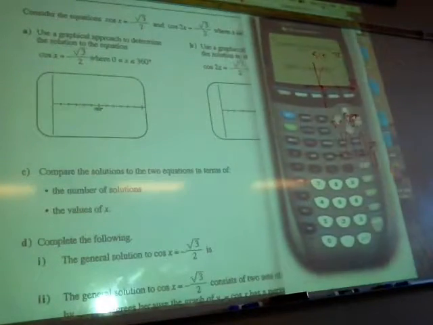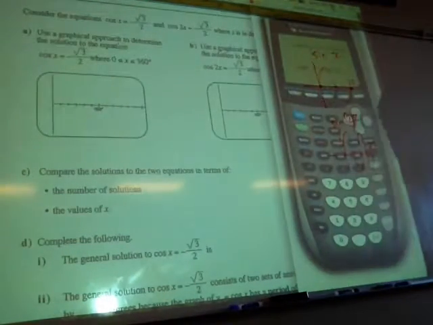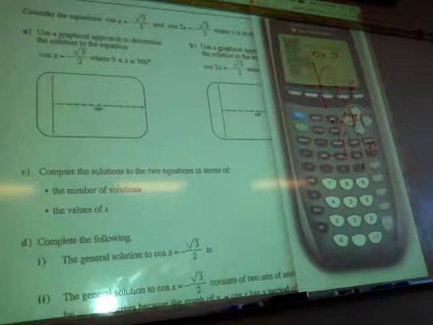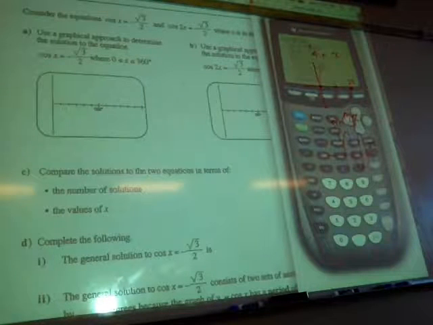They're giving us a scale in degrees, so our mode should be degrees, and our window settings should also be in degrees.